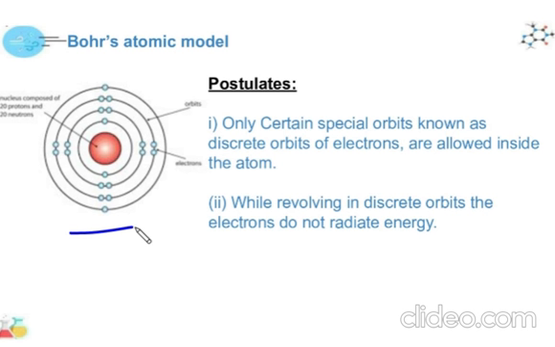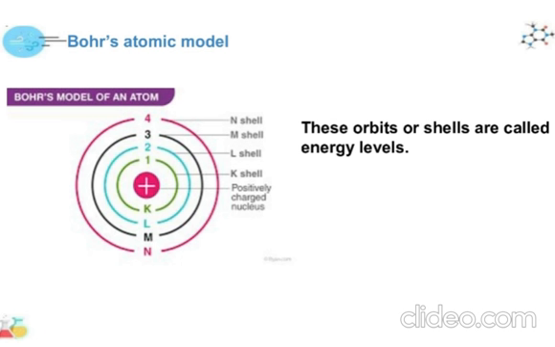Only some orbits which have special properties are known as discrete orbits, because electrons are going to move in those orbits. While revolving in the discrete orbits, electrons will never radiate energy. Acceleration won't come if the electrons are moving in the discrete orbits.